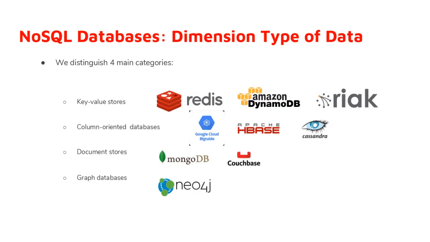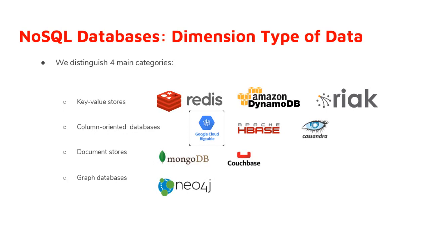So we have four types of NoSQL systems, and here we look at the type of data that makes them different. We have key value stores, and examples are Redis, Amazon DynamoDB, and Riak.